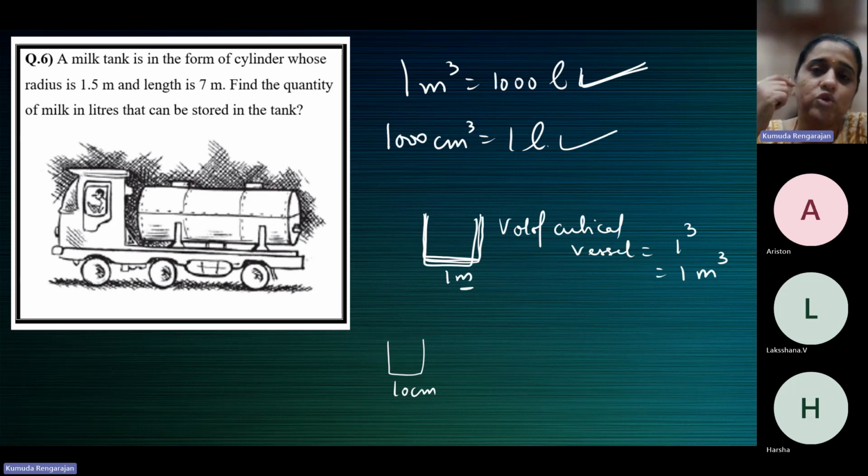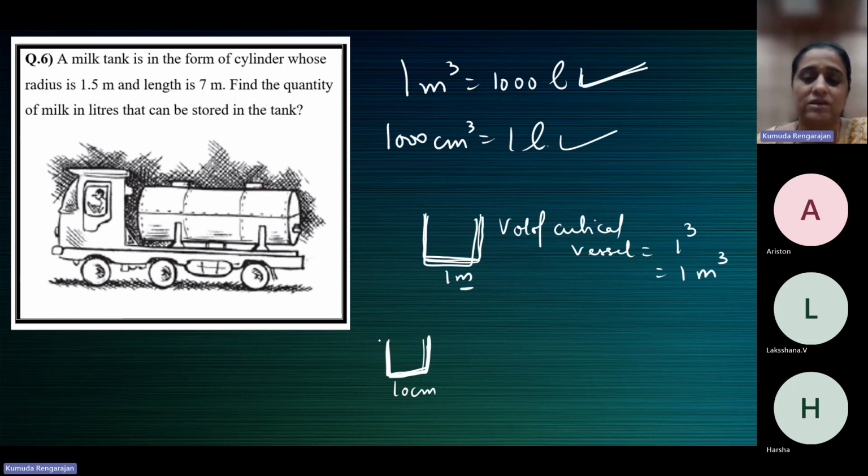So the volume of this cubical vessel will be 10 into 10 into 10, 1000 centimeter cubed, because the edge is 10 centimeters.